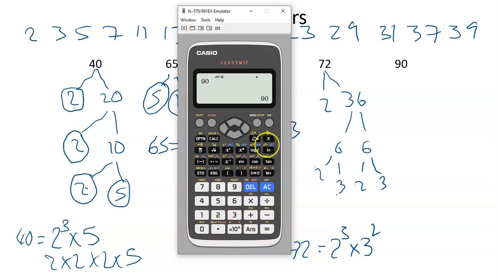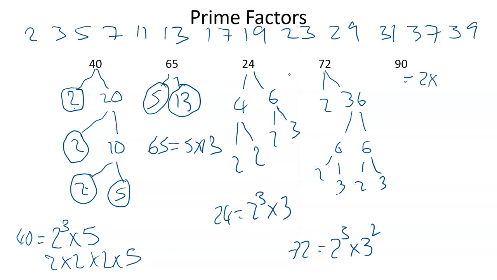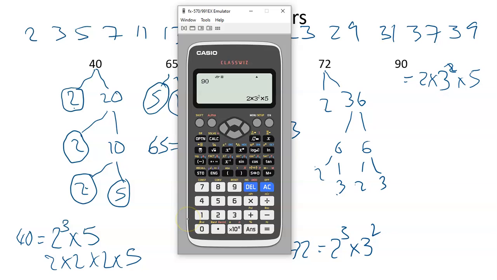And it's got to be equals. It can't be up here. It's got to be this answer here that it will do. And then you press shift and the fact button, and it will tell you that the answer is 2 times 3 squared times 5.